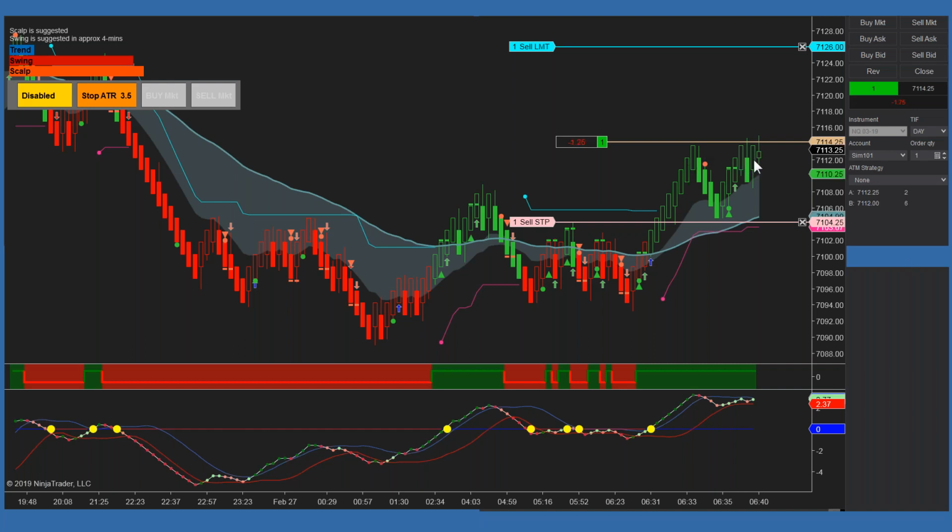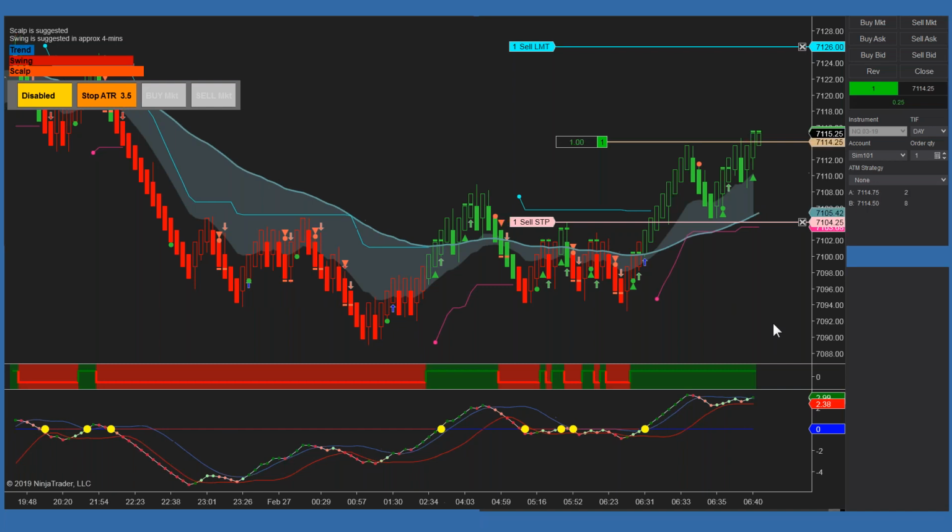I'm not liking the hesitation. If I can get a couple of bullish bars here, I will start to roll my stop up. There we go. Okay, so I'm going to bring my stop up to here. If it fails at this point, it's very likely going to try to reverse again.